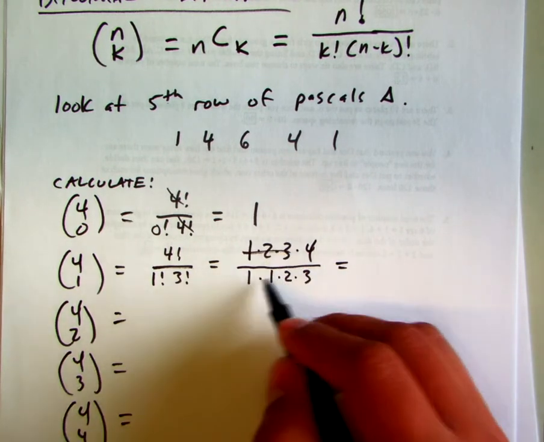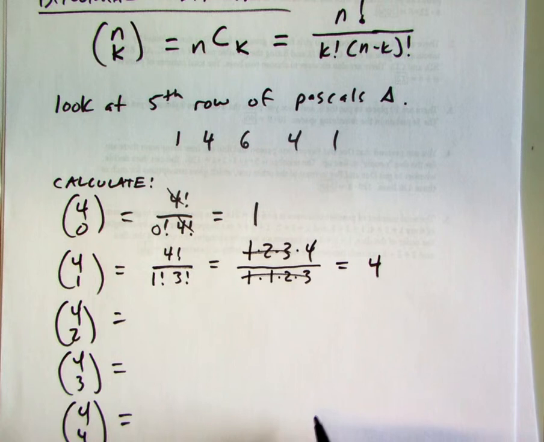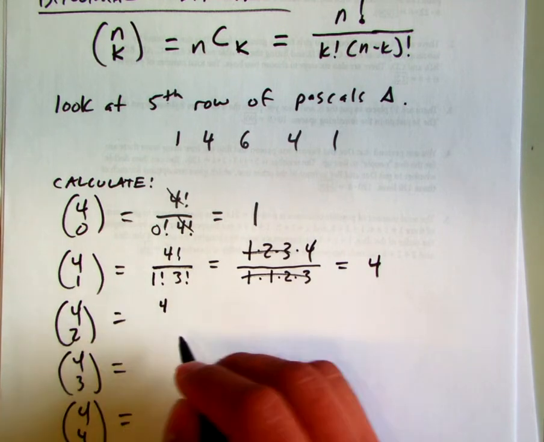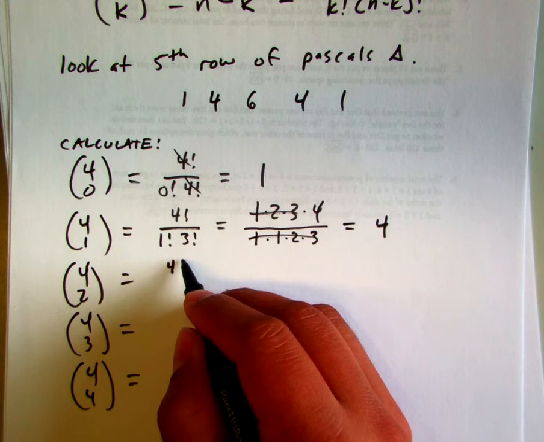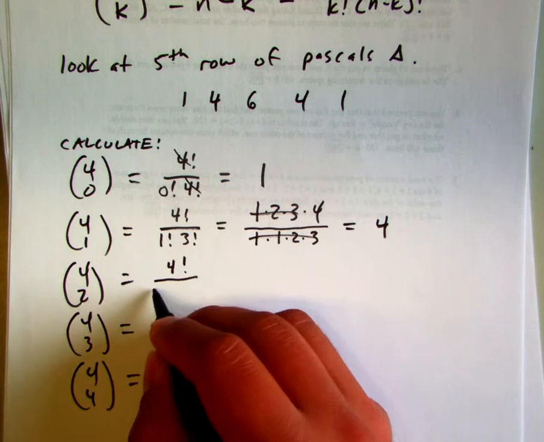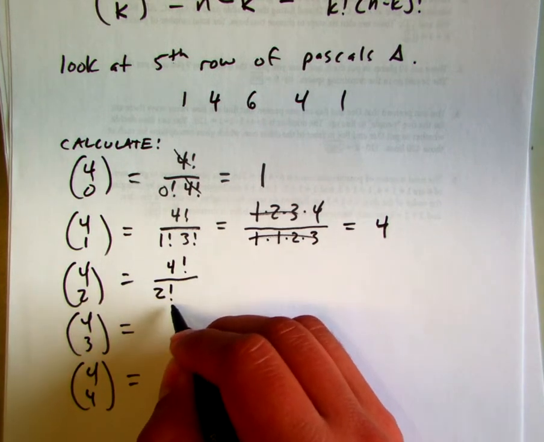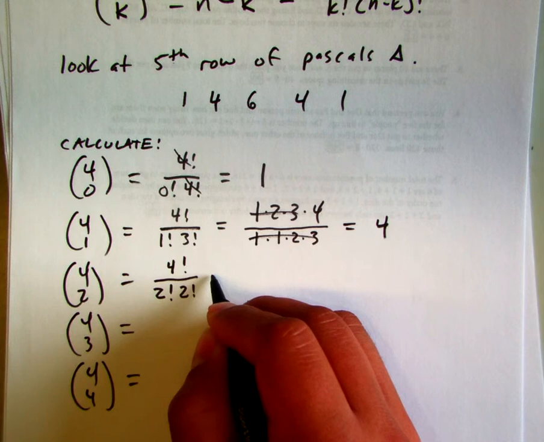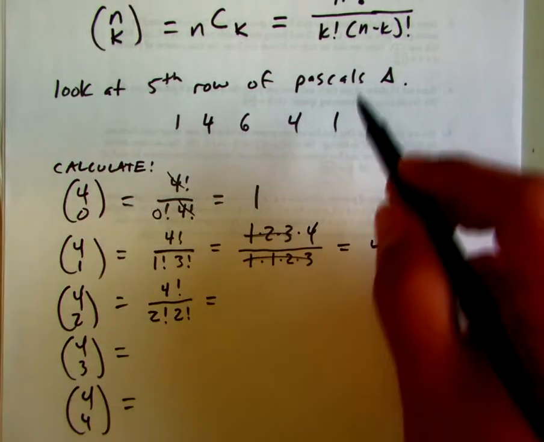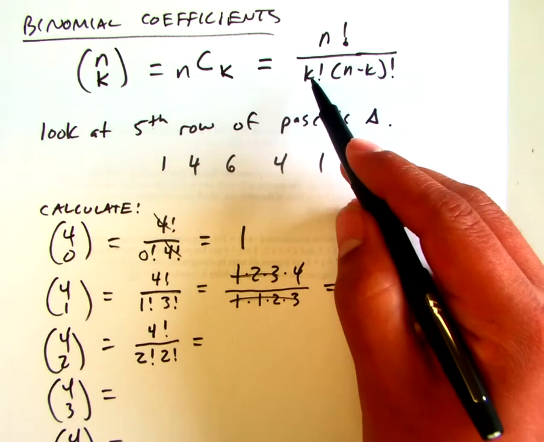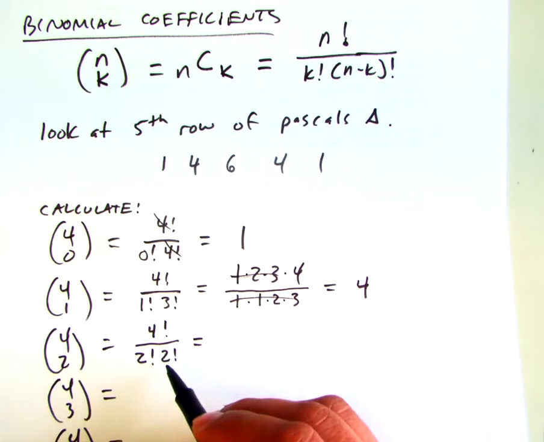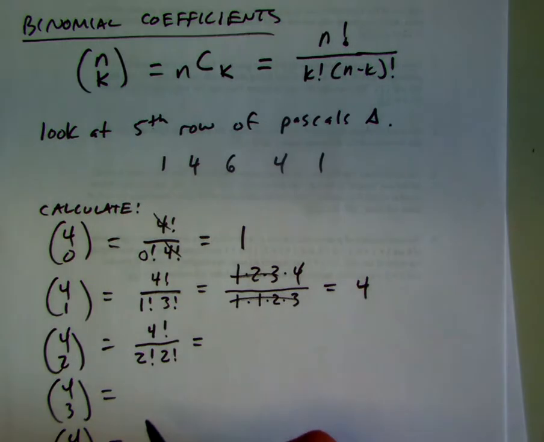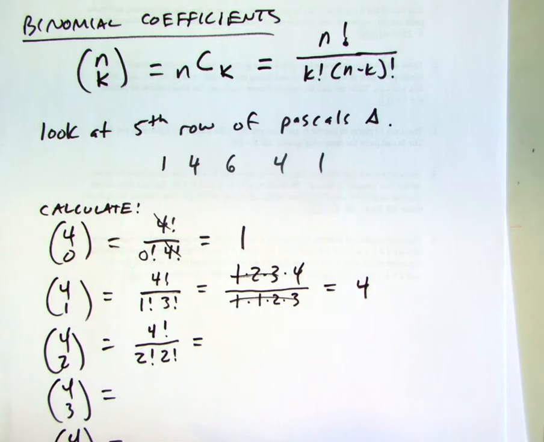So we get 4. Let's look at 4 choose 2. 4 factorial over what? 2 factorial and 2 factorial again. We're just following the pattern here. k is 2 factorial, and then n minus k, 4 minus 2, is 2 again. Why did both ones cancel out?